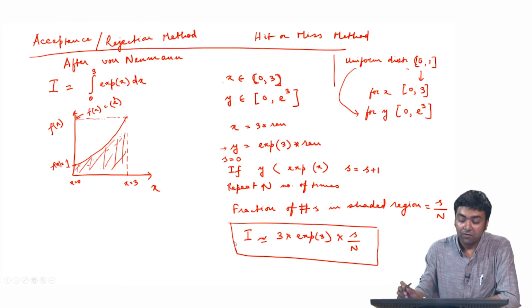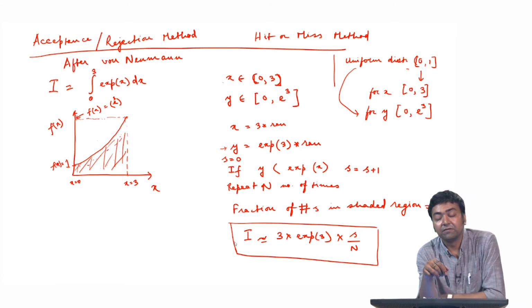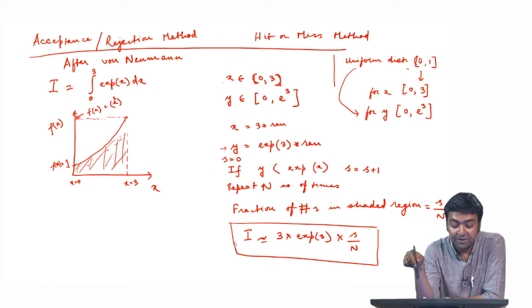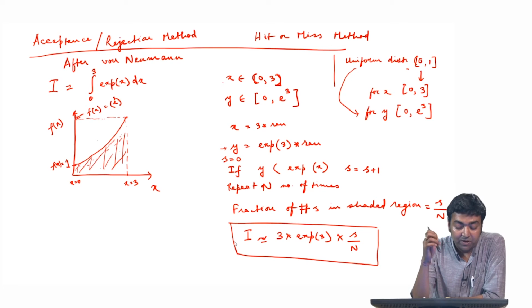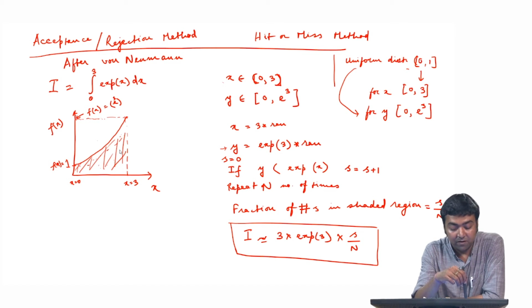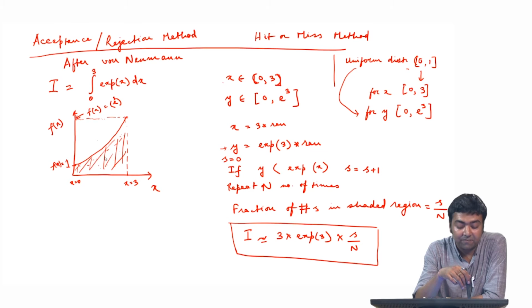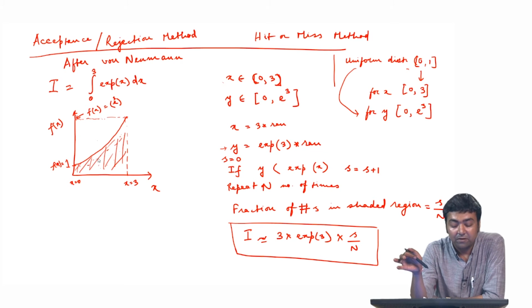The reason we are calling it the acceptance rejection method or hit and miss method is the following. We are generating a random number and then checking whether it is within the concerned area or within the concerned volume. If that particular random number does not lie within the volume of interest, or in this case the area of interest, we are throwing away that random number.